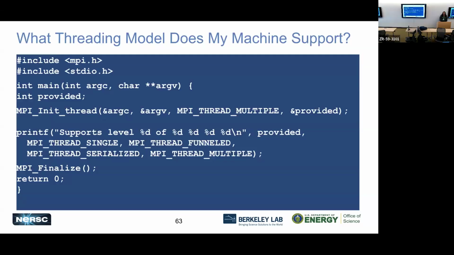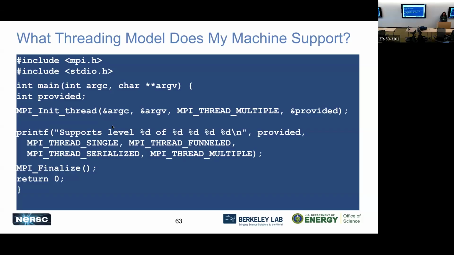Okay, so then you might want to ask yourself, what threading model can I use on this particular machine? This is a little code that you could just copy and paste into your terminal, compile and run, and you would find out what threading model your machine supports. The big thing here is this MPI_Init_thread, and these are the arguments to it.